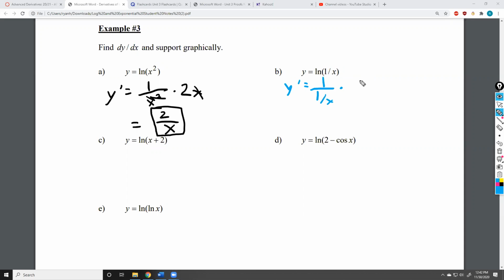That's going to be x to the negative first. So derivative of x to the negative first is going to be negative 1 times x to the negative second. So that means it's going to be a negative. The negative second means it goes down at the bottom. And down in the denominator, that means we get this squared canceling with this x here, and we just get negative 1 over x.